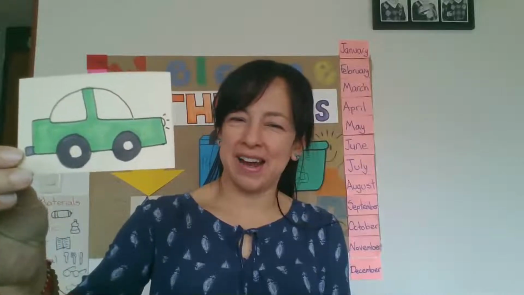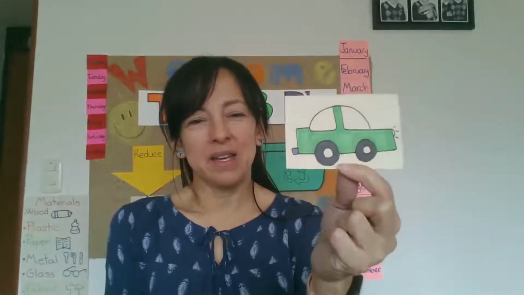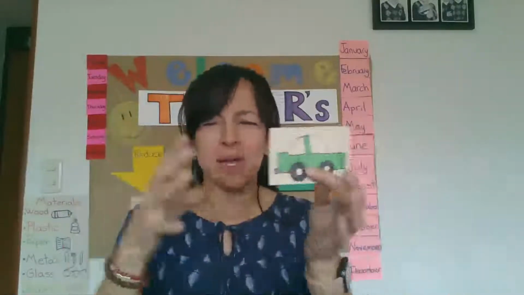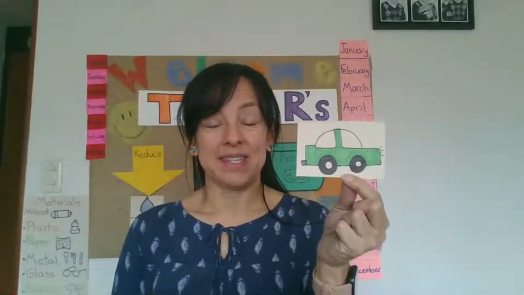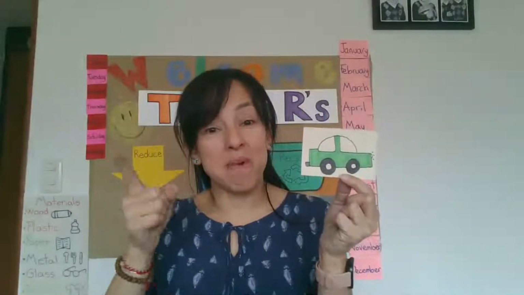Okay. Why do you think Miss Caro has this picture of a car? How can we help the planet by reducing the use of the car? Okay, too many cars in the cities. There are too many cars, and they pollute the planet, right? So we need to use the cars in a very smart way.